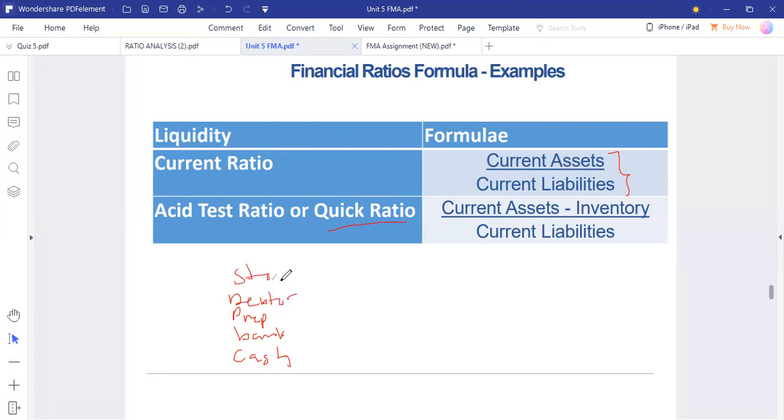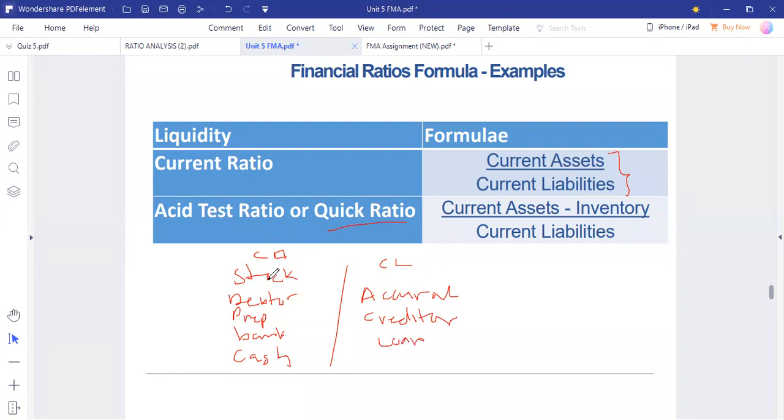So we're going to divide this by the current what? Current liabilities. And current liabilities include the short-term debt obligations, which may include accruals, which include the creditors, the short-term creditors, and the loans, etc., as long as they fall within a year.